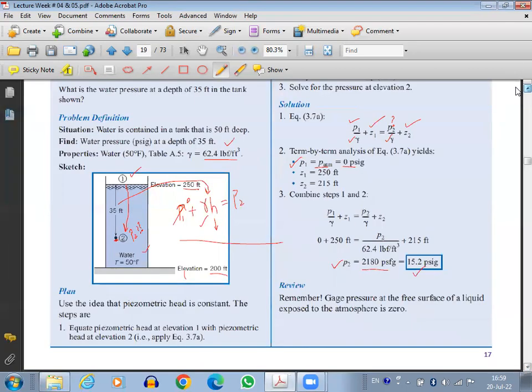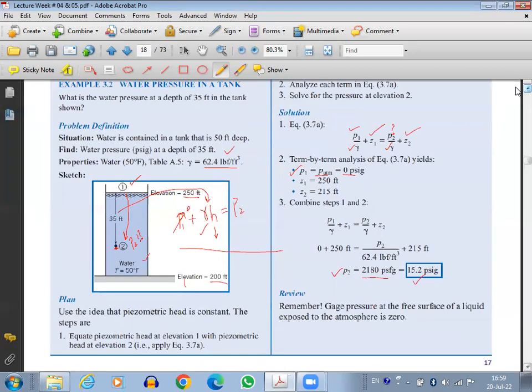What answer are you getting? It will be 62.4 multiplied by 35. It's okay. Here also probably the same will come, because if you look here, basically it will be 250 minus 215, 35 only will come here. 35 multiplied by 62.4. See?